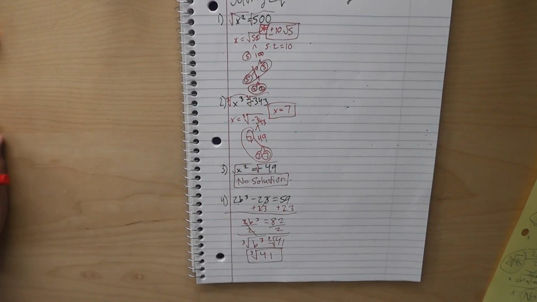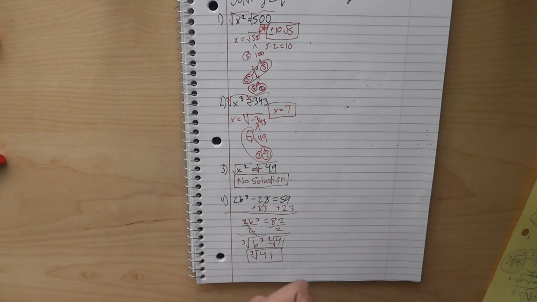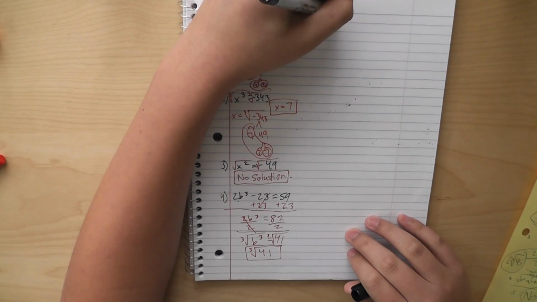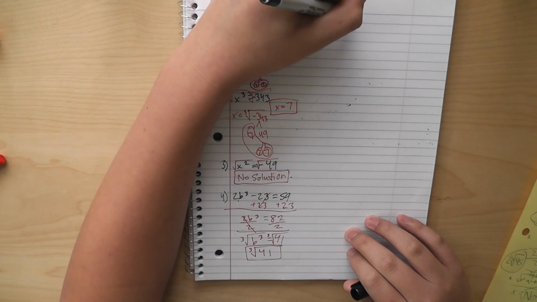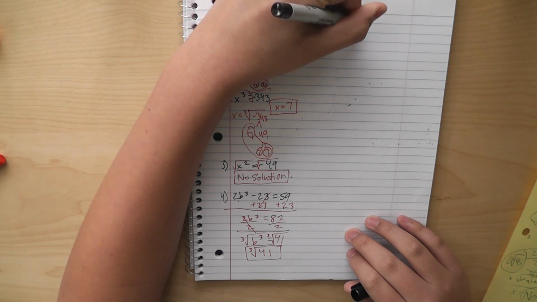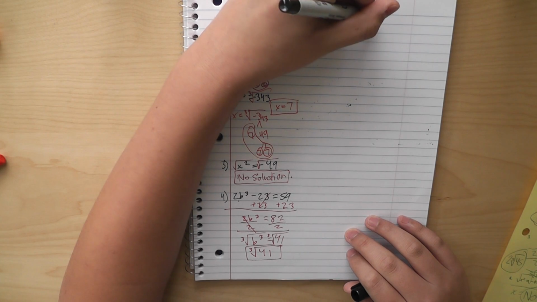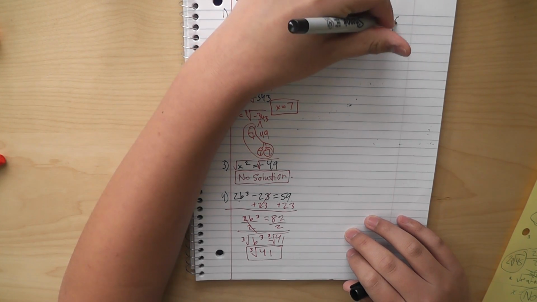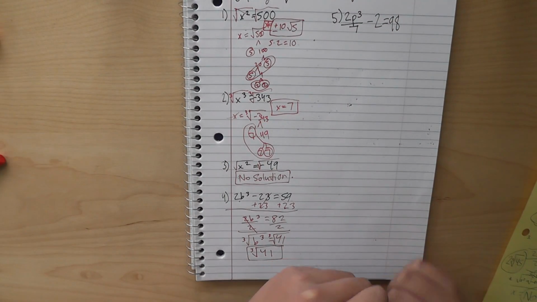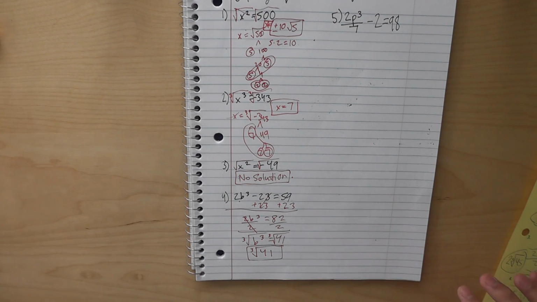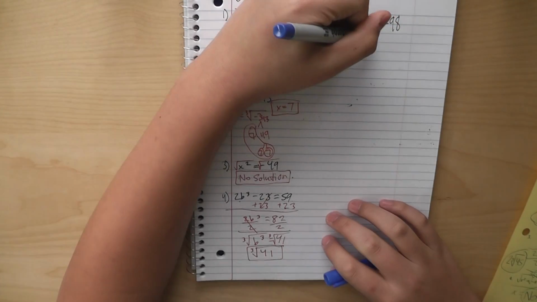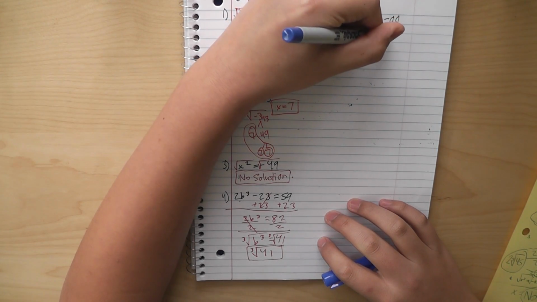Let's do some more examples. For example 5, let's do 2p cubed over 7 minus 2 equals 98. Alright. First thing we do is add 2 to both sides.